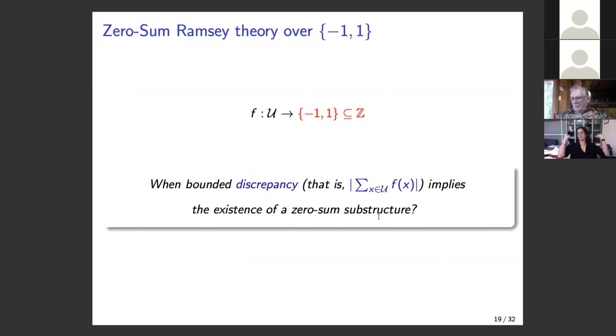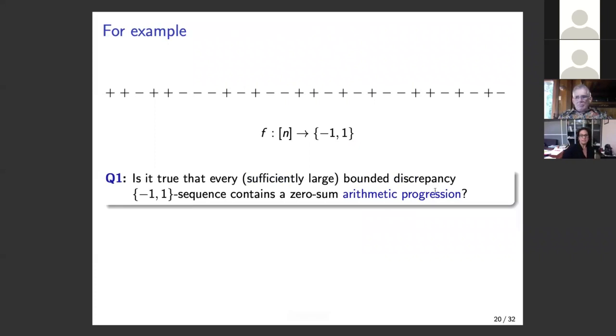So this is just the deviation from -1s or 1s. There, it makes sense to ask the following question. If the discrepancy is bounded, does this imply that we can find bounded or even zero-sum substructures in every coloring, with some restriction?